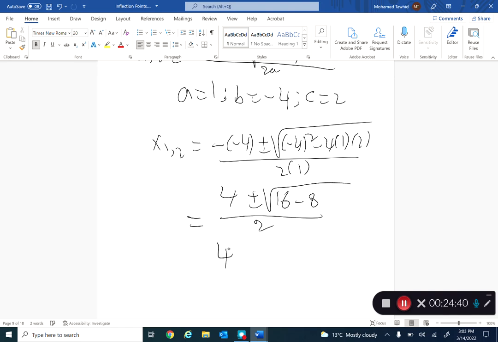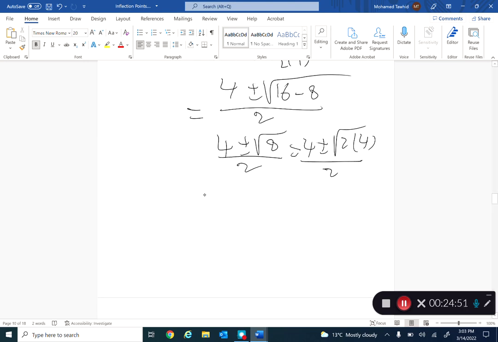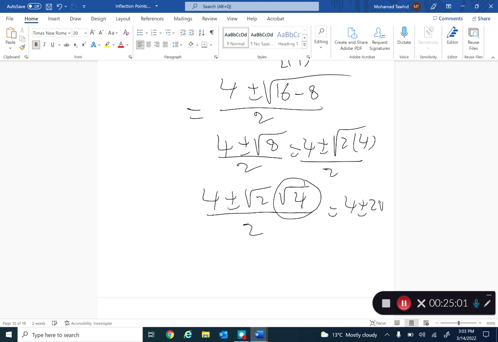So that will be 4 plus or minus the square root of 8 over 2. So that is 4 plus or minus the square root of 2 multiplied by 4, over 2. So what is the square root of 4? It is 2. So you get 4 plus or minus 2 square root of 2, over 2. If you simplify that, you have 2 plus or minus square root of 2, right?